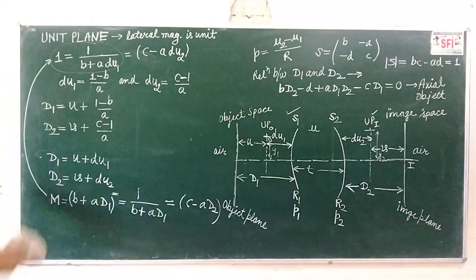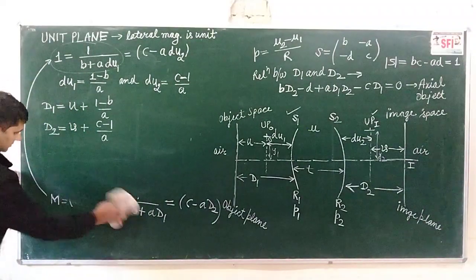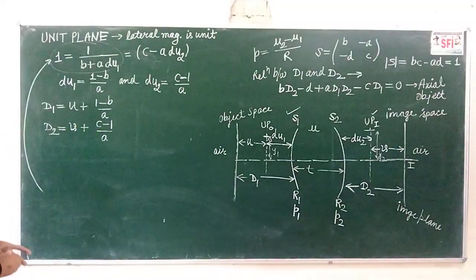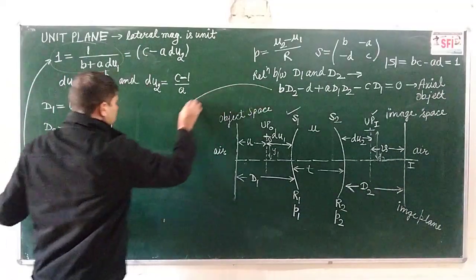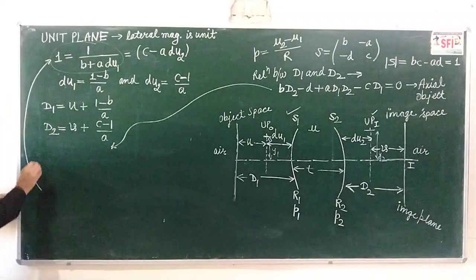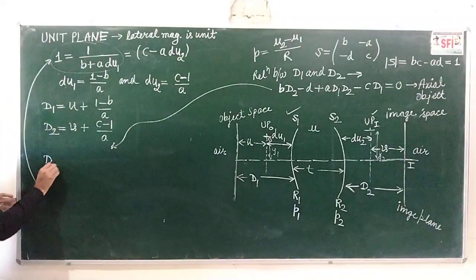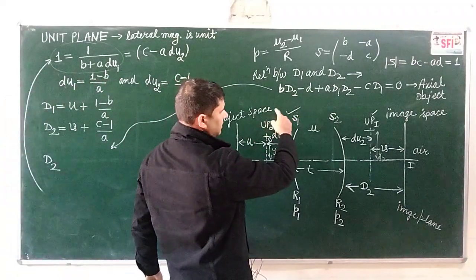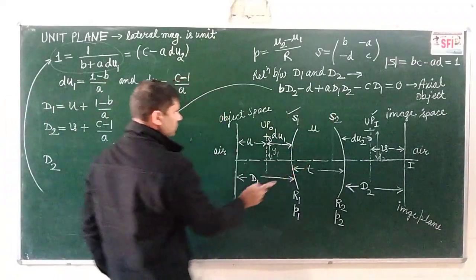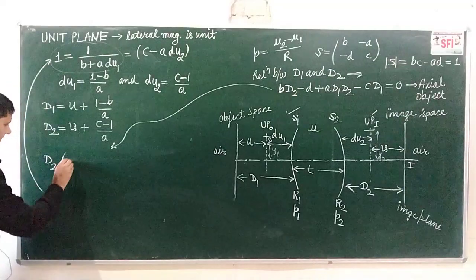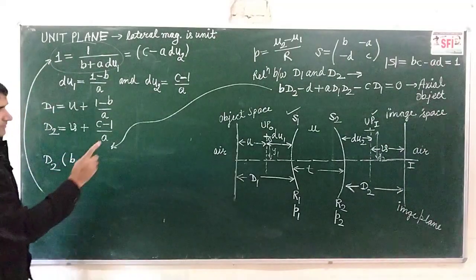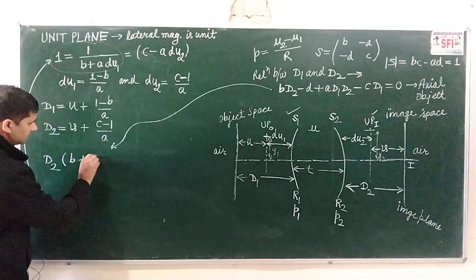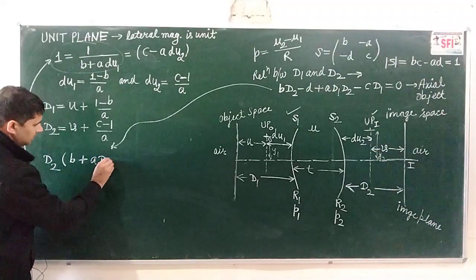let me clear the space. So here we will find the relation from here. The relation for D2: keep D2 on one side and take the rest of the factors on the other side. You can take D2 common, then from the first factor you have B and then A D1.